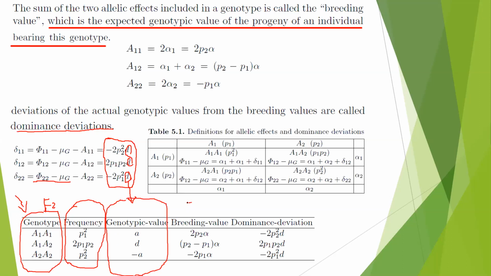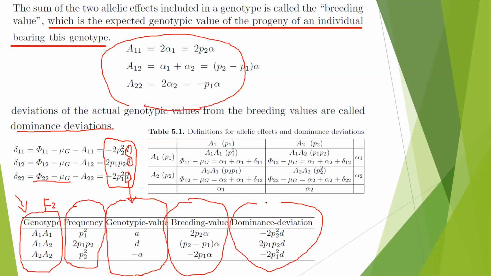This is the breeding value we just defined, so this is how we define the breeding value. And this is the dominance deviation. We can treat this part as the error term from the model. We're going to talk about the model shortly. All right, so right now we want to define these terms here.